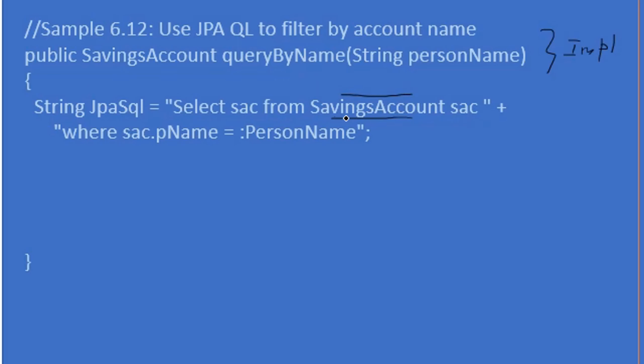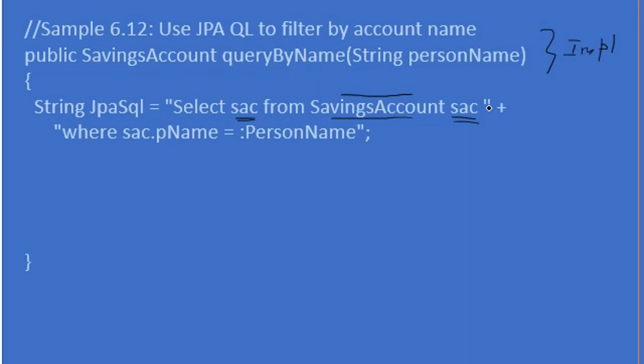So the savings account is what we specified. So this is the entity name, and entity alias is SAC, and in the select list we specify that alias name. That means we are telling it to give me all the fields that are defined inside this savings account entity.